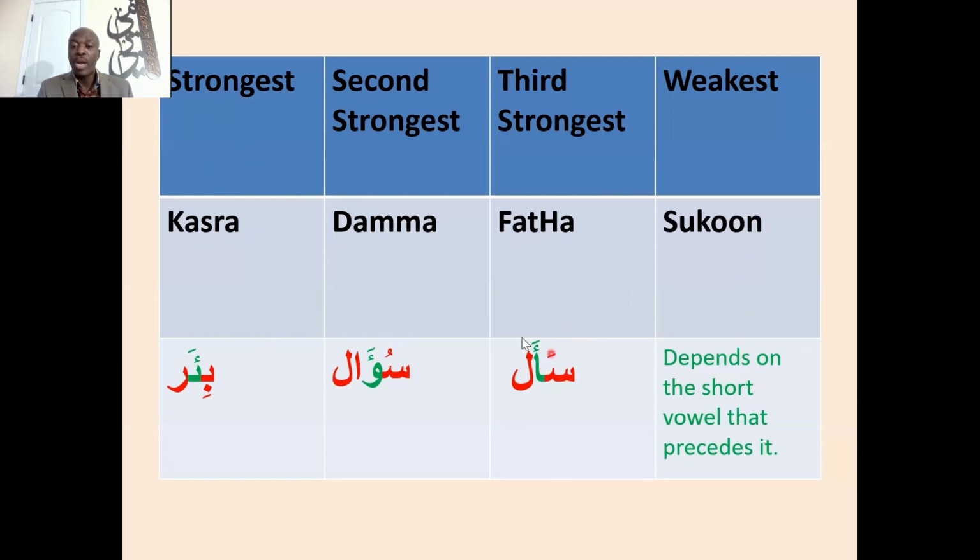So the Sukoon has no influence here, but later on in segment number 2, we will see the effect of the Sukoon in determining the seating for the Hamza. I cannot stress enough to know these: the Kasra, the Dhamma, the Fatha, the Sukoon, from the strongest to the weakest. This is how we determine the seating for the Hamza.